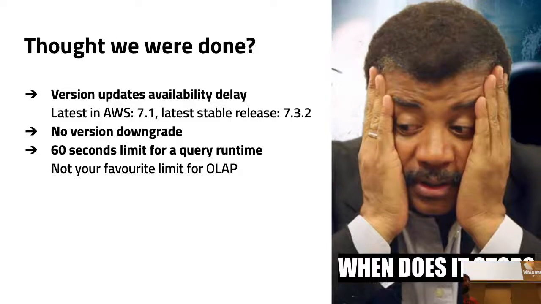Another thing that's very annoying is the delay with which you get newer versions of Elasticsearch. The latest update was in August. They got 7.1, and 7.3 is available. There is also no version downgrade.